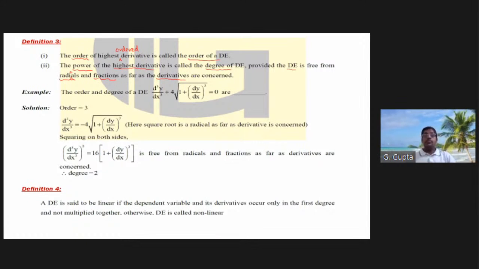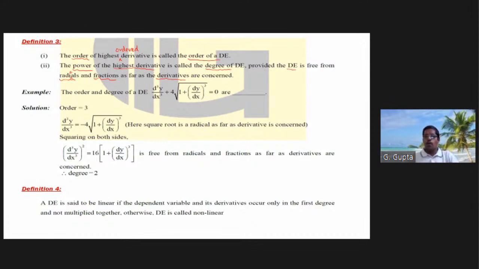If there is a derivative in the numerator or denominator, it should not be under a square root or cube root or some sine function or some log function; those are examples of radical functions. Okay. So once you remove these radicals and fractions in all the derivatives concerned, then finally your differential equation will be in polynomial form.